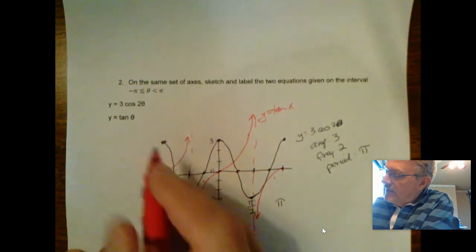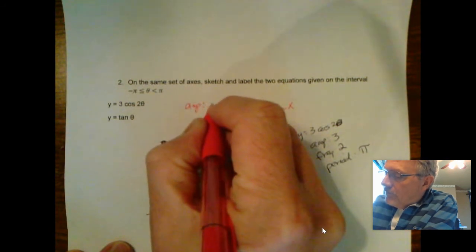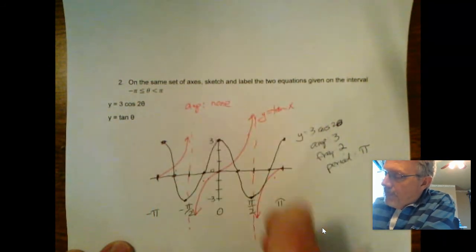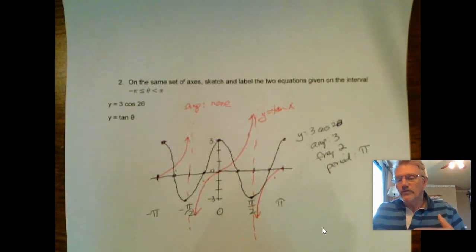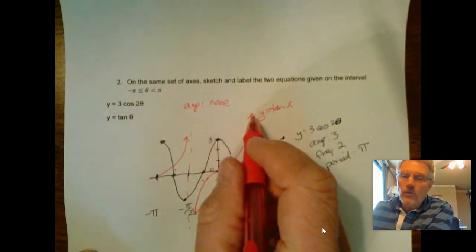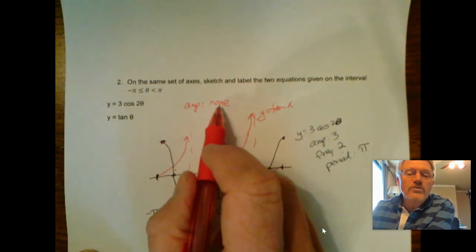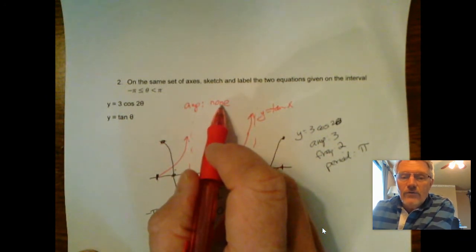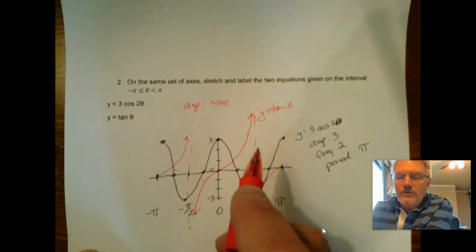And for tangent, tangent has no amplitude. So think of the two definitions I gave you, the one that is kind of in layman's terms, how far the graph goes up. This graph goes all the way to infinity, and I cannot define infinity. I don't say infinity for the amplitude. It's just no amplitude. I can't define it.